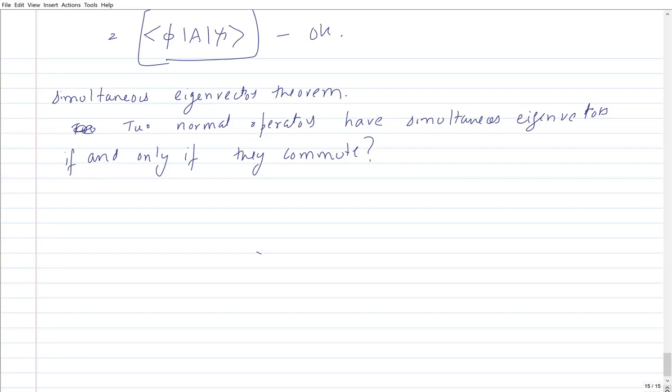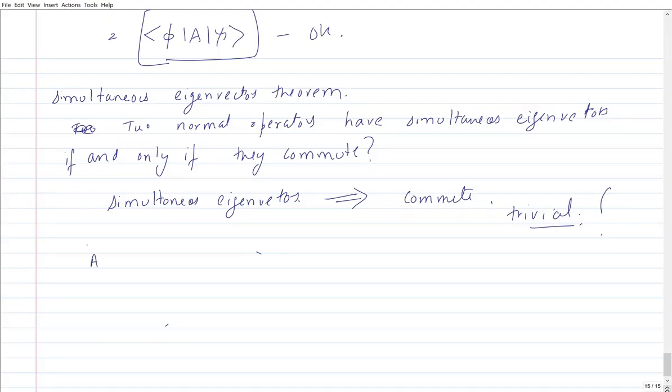So how are you going to show it? Well, the first part: if you have simultaneous eigenvectors and you have to show that the operators commute, that's trivial. You take the spectral decomposition and you show that they commute. What about the other part?